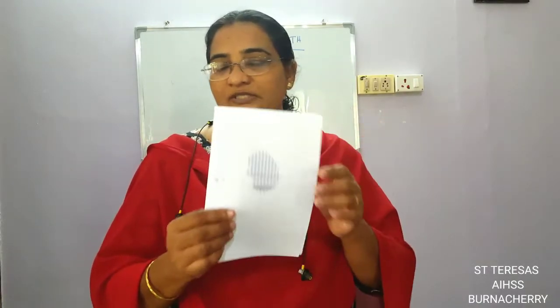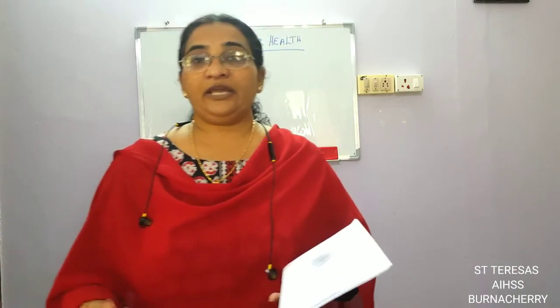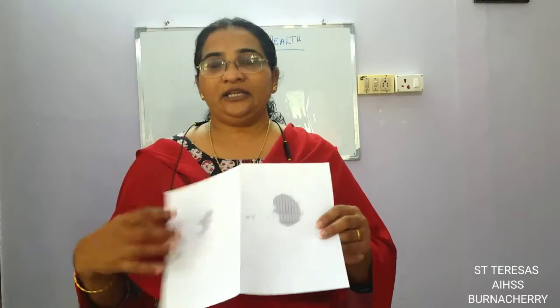So what have we to do? This is just an example. It's not an experiment. What you have to do is take different food items, okay, and rub it on a piece of white paper. You can take different vegetables also and different other food items which are there at home, okay, and you rub it on a piece of paper and then keep it in the sun for some time, okay, and then take it and see if the paper has turned into transparent.